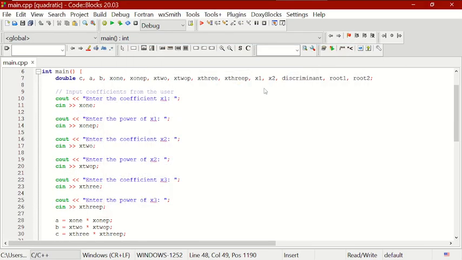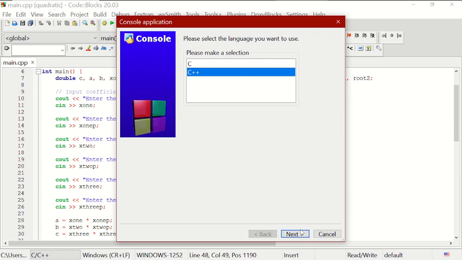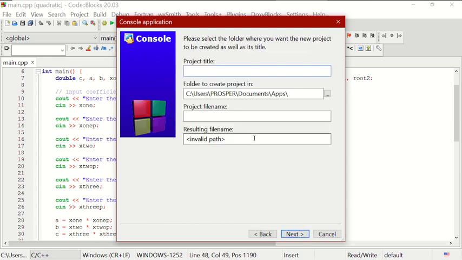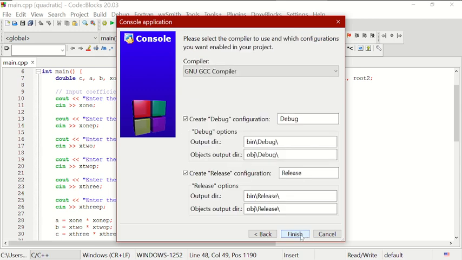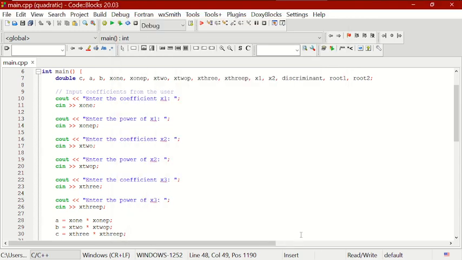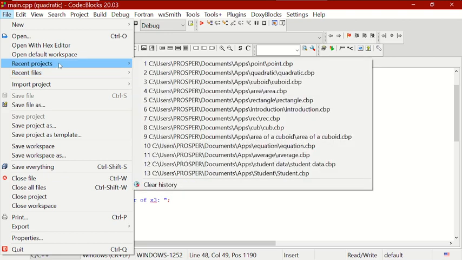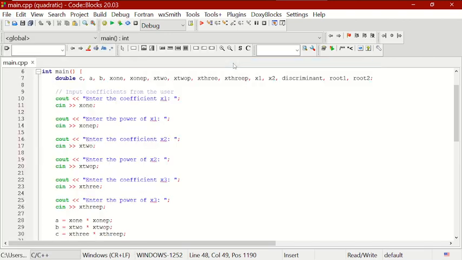To create a console project, we want to create it for C++, and we want to call this points. Click on next right here, then click on finish. Then we click on file, recent project, and double tap on it.